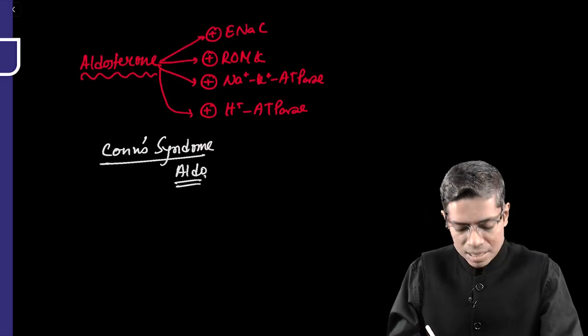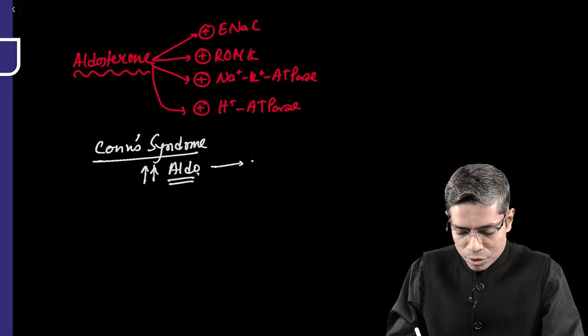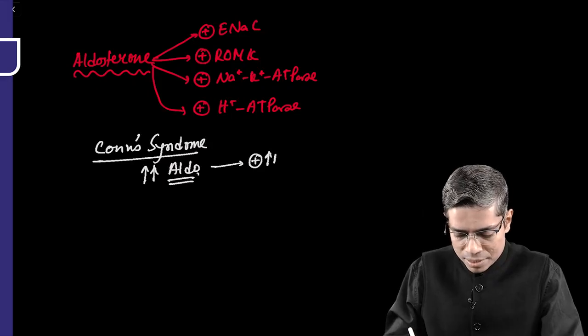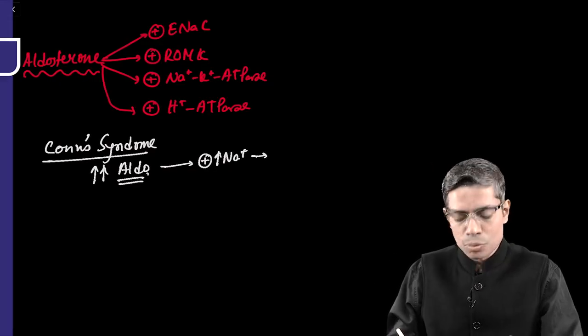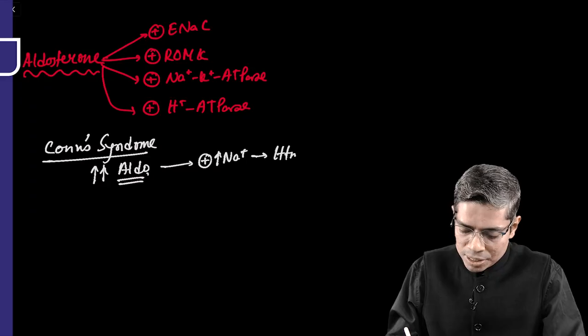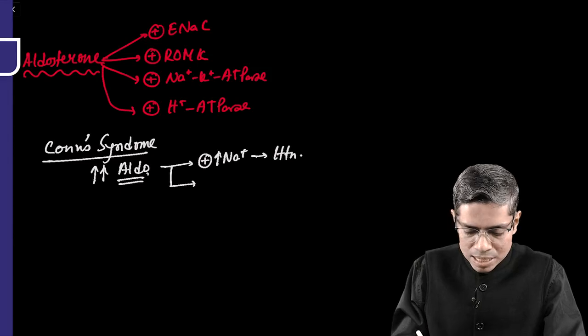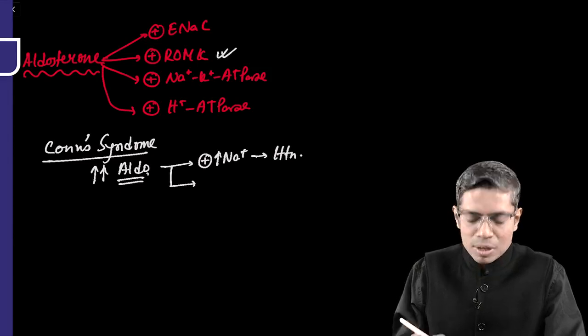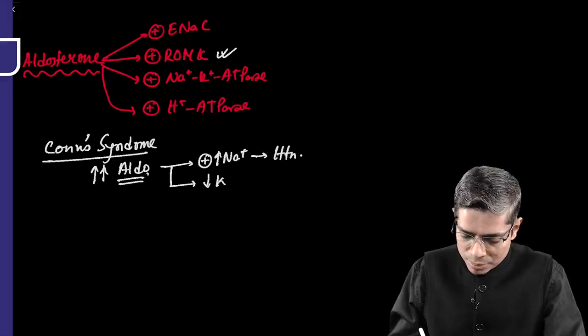Primary hyperaldosteronism, right? If the aldosterone is high, it is reabsorbing more sodium. That will lead to increased water reabsorption also, so the patient will suffer from hypertension. Not only that, it is secreting a huge amount of potassium in the urine via ROMK channel stimulation, so the blood level of potassium will be reduced.